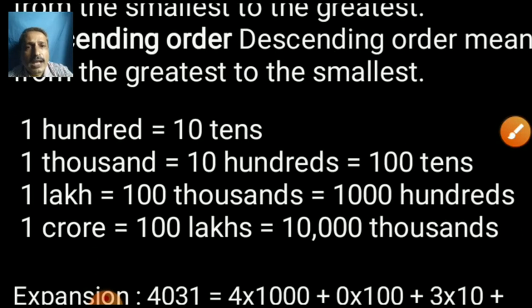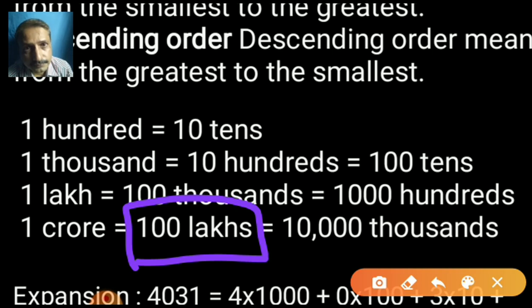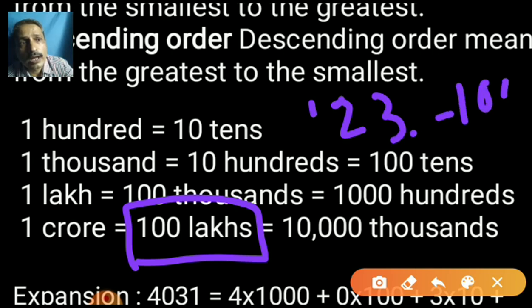See, 1 lakh is equal to 100,000 or 1,000 hundreds. 1 crore, I told you now I want to make you 1 crore. 1 means 10 lakh? No, but 100 lakh. Whenever you have 1 lakh, 2 lakh, 3 lakh, up to 100 lakh, when you complete, then only you will become a crorepati.